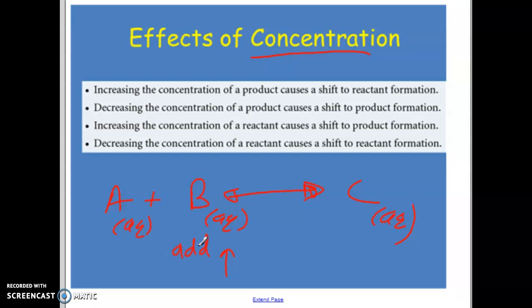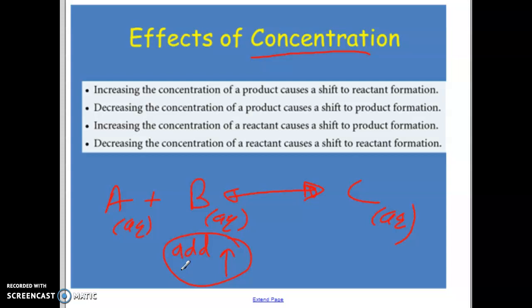Okay, so the equilibrium is happening nicely. The rate of the forward is equal to the rate of the reverse reaction. And we're going to open up our container and dump in a bunch of B. Well, what ends up happening is the equilibrium wants to try and get rid of whatever was just added in. So if you're adding in B, it wants to get rid of that extra B in this equilibrium.